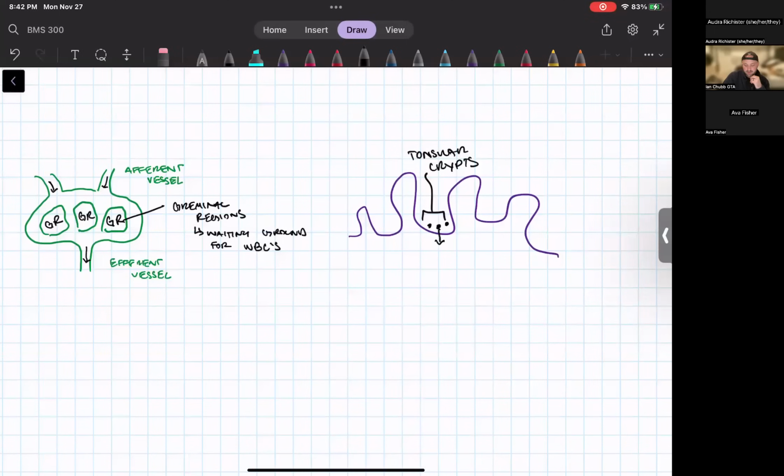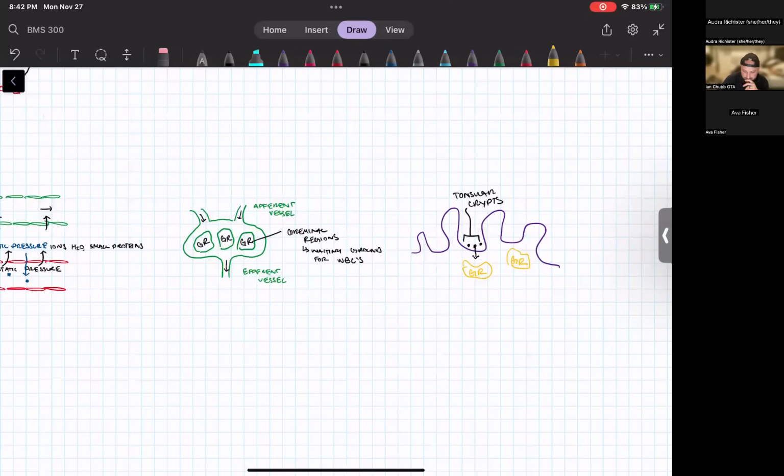That M cell will pull those bacteria across, and then we actually have germinal areas hanging out by these crypts. So when we pull these in, we can then do what we need to do with that pathogen or bacteria. So usually the tonsils are the first stop for food-borne things or things that you put in your mouth, since they're that first line of defense from eating.